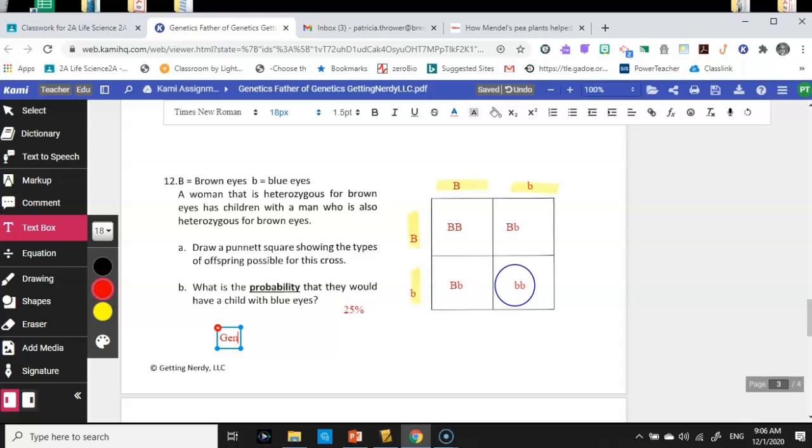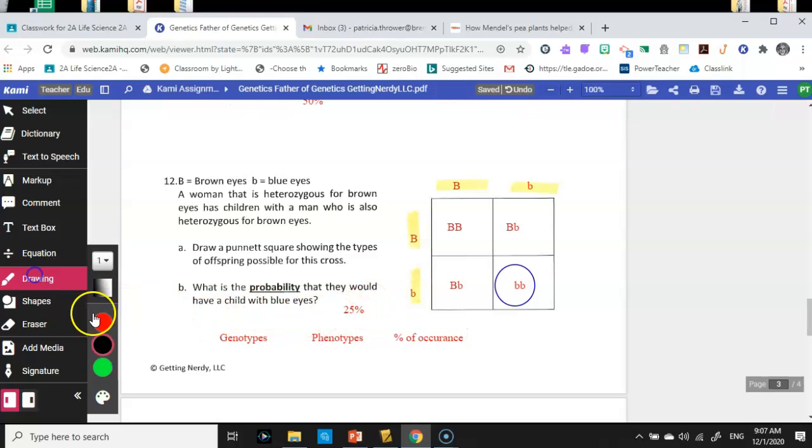And when we're in there, I may ask you to list out these genotypes. So I may have something set up for you that has genotypes, phenotypes, and then the percentage of occurrence. Okay, so if you see something like this, I'll have it already set up for you, so you won't have to type this in.